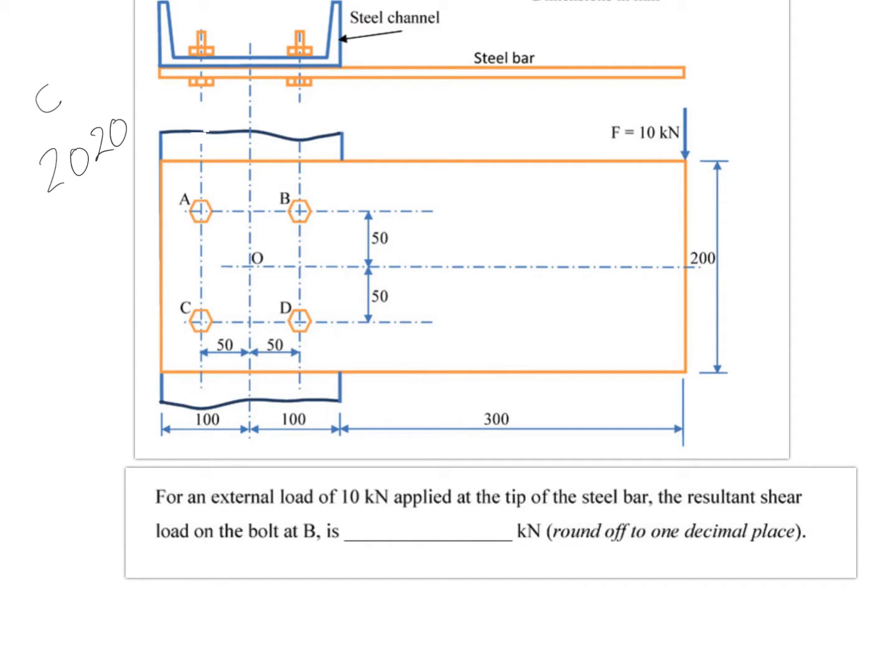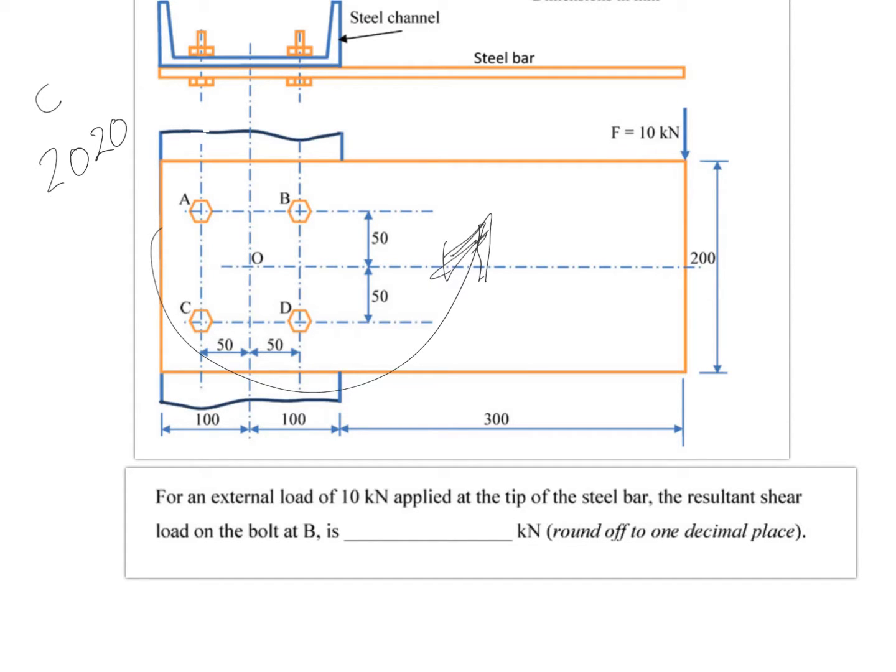Similarly, the other effect of this particular force is to turn this whole steel bar in the clockwise direction. That is also not happening, and that resistance is also provided by the four bolts. The four bolts are applying a torque in the counterclockwise direction to make sure that the steel bar is not rotating.